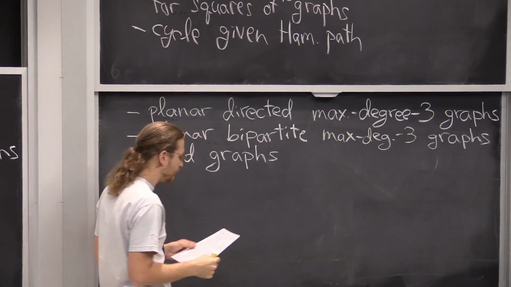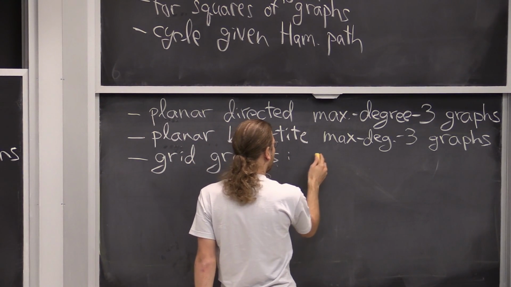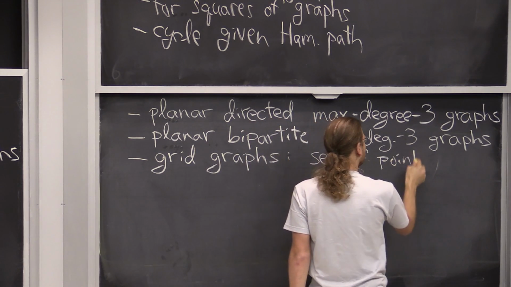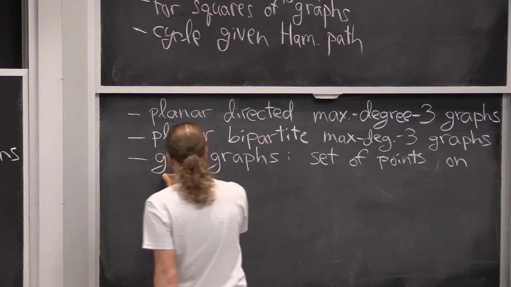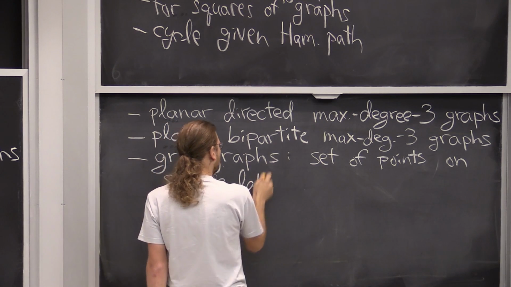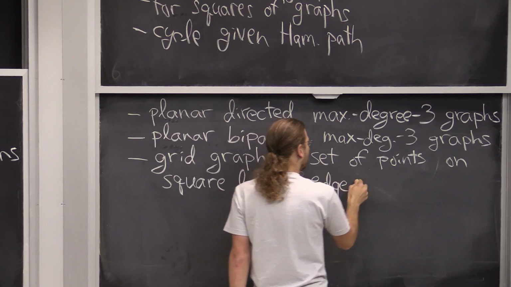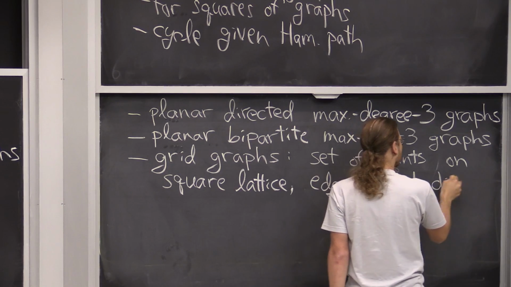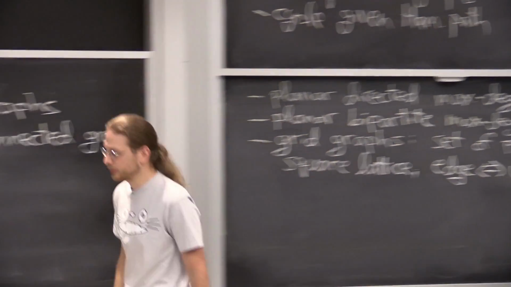So the idea with the grid graph is you, let's say, have a set of points on the square lattice. And then you're going to have an edge whenever you have 2 points at unit distance. So let me draw an example.